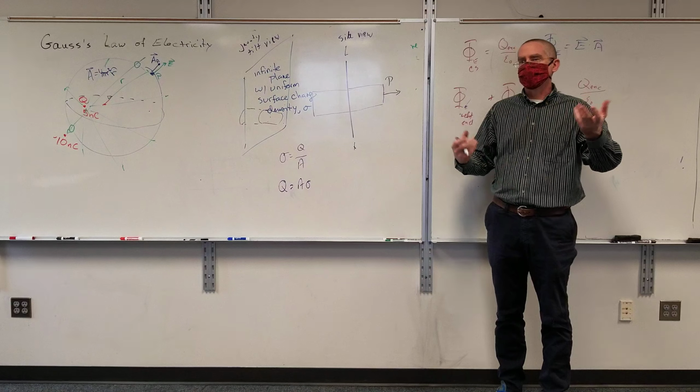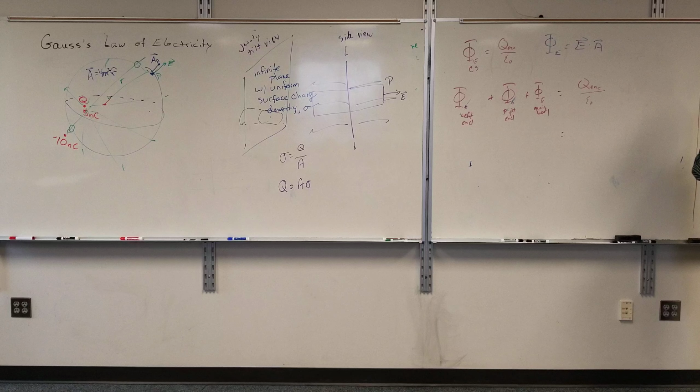All right, so which of these will be zero? Is it similar to the last one we did, where on the left end and the right end it would be zero?